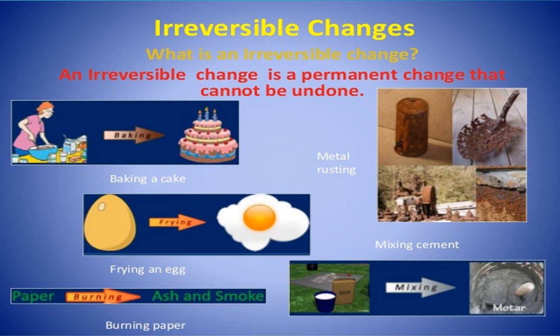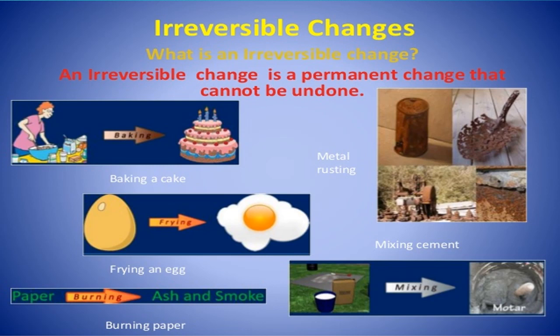That is, the iron object gets damaged and you cannot change rust back into iron again. So, iron changing into rust due to natural weather conditions is called an irreversible change because you cannot get back your iron object again.